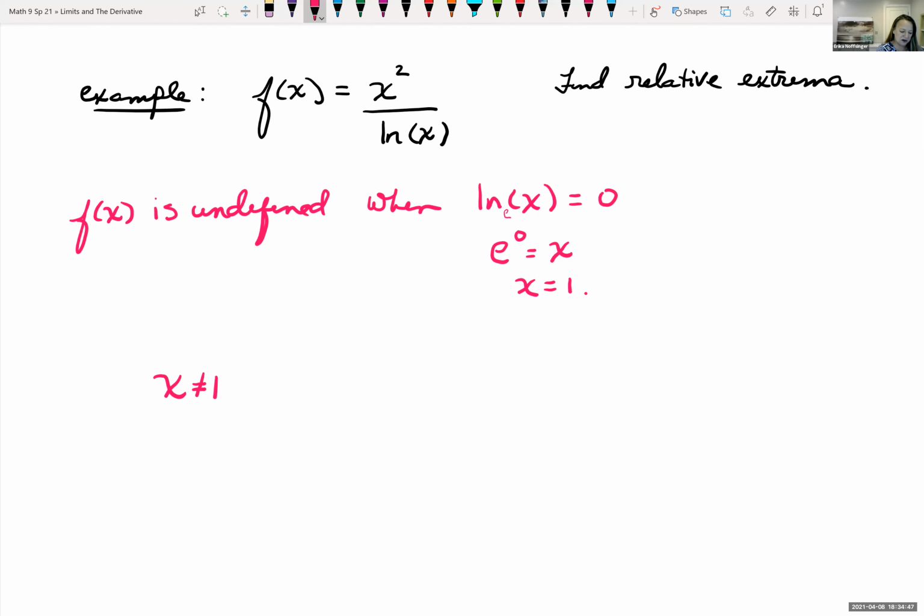The other problem, though, is natural log of x. When you take the natural log of a value, that value has to be positive. So this is also undefined. Natural log of x is undefined when x is less than 0. Actually, less than or equal to 0.